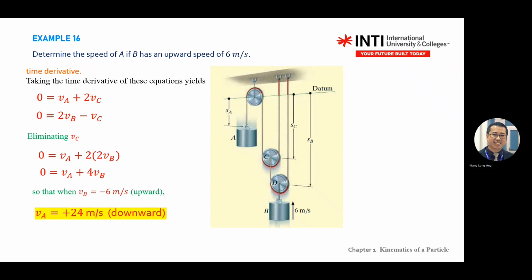Substitute inside, VA will be positive 24. Where is the positive direction? Going down, referring to the datum. So this kind of question will ask you to solve velocity at a certain time and then ask you what is the expected motion, whether go up, go down, move left or move right.